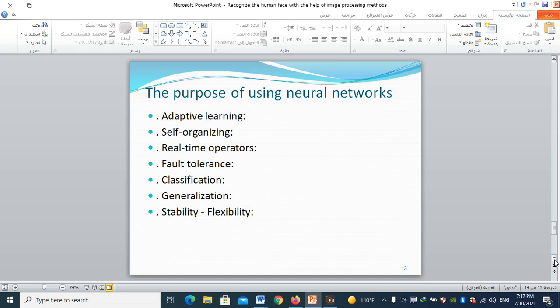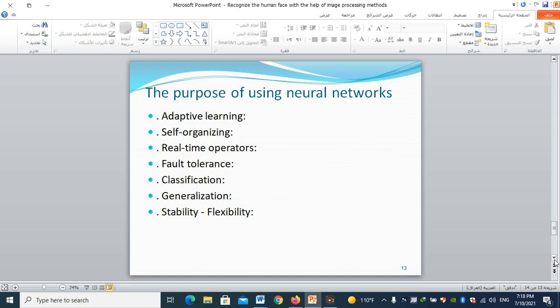The purpose of using neural networks. The first one is adaptive learning. Adaptive learning is the ability to learn how to perform tasks based on information given to it. The second one is self-organization. An artificial neural network can automatically organize and present the data received during training.